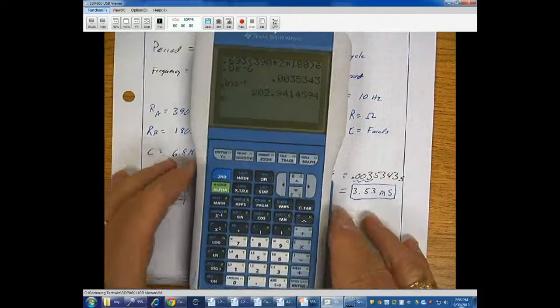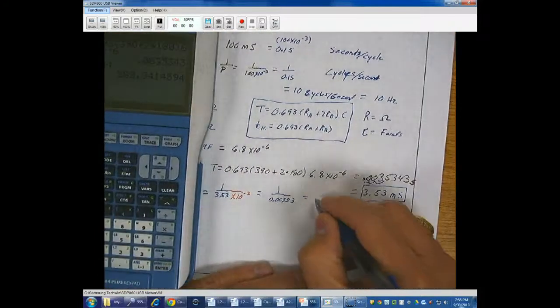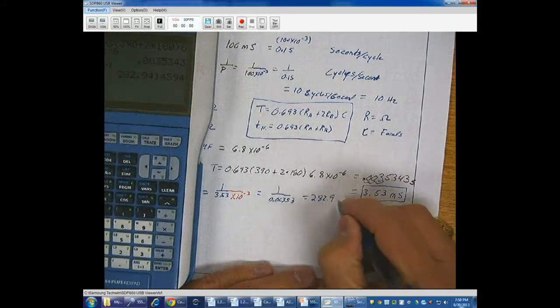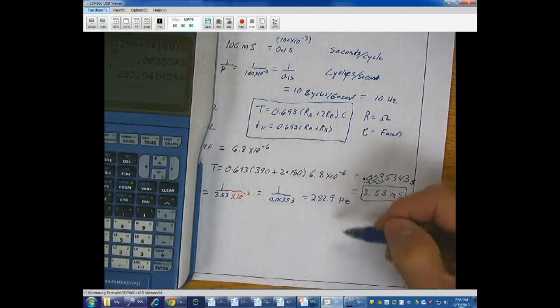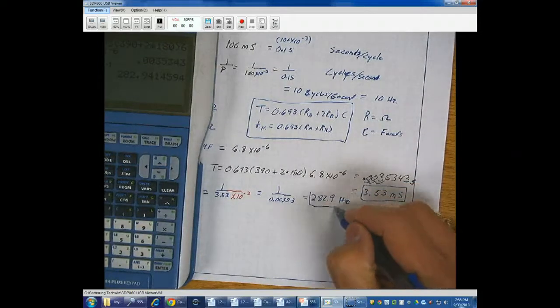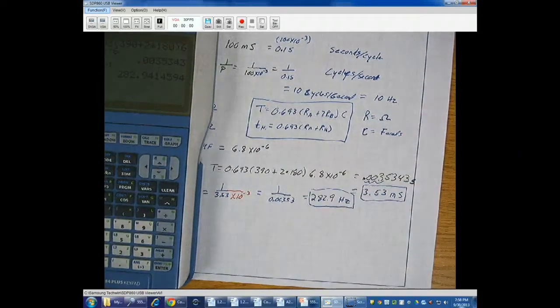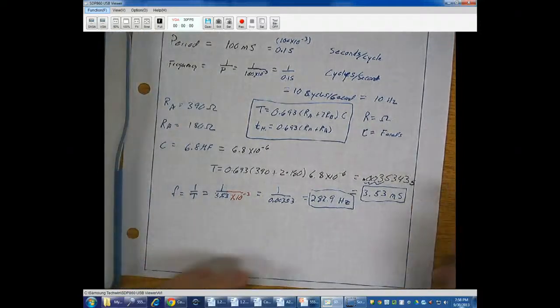And so when I hit enter, I find out that my frequency is 282.9 cycles per second, or hertz. And since that number is less than 1,000 and greater than 1, there's no point in me moving it. I don't need to change it to milli or kilo or anything else. I can leave it as it is. And so my frequency ends up being 282.9 hertz, straight up.